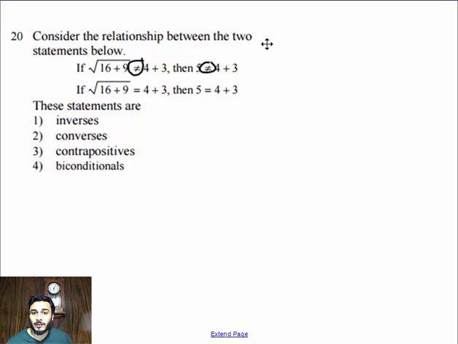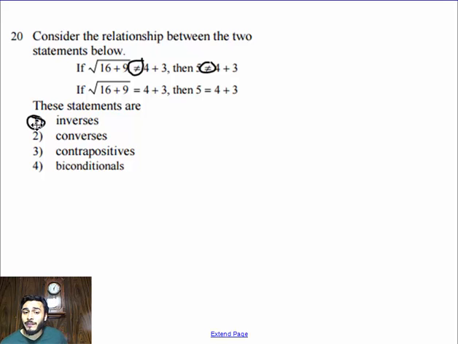So the first statement says does not equal. In the second statement, that is negated. Now, if you're only negating the hypothesis and the conclusion, then you're taking the inverse of the original statement. So these statements are inverses.